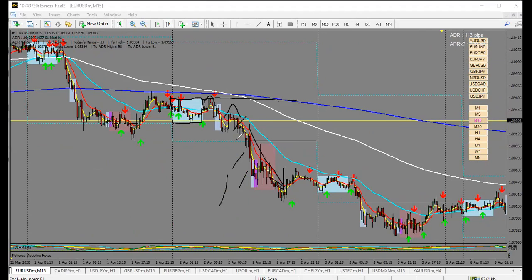You take the trade, you get your pips, and you're out. So this is type 3 because the dealer respected the high of the Asian.